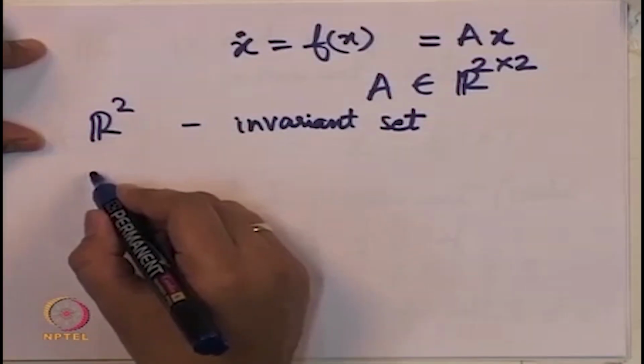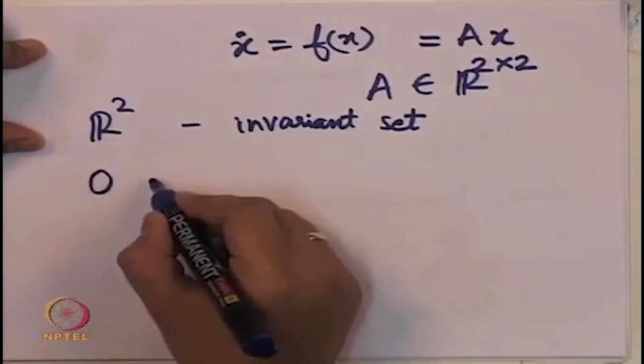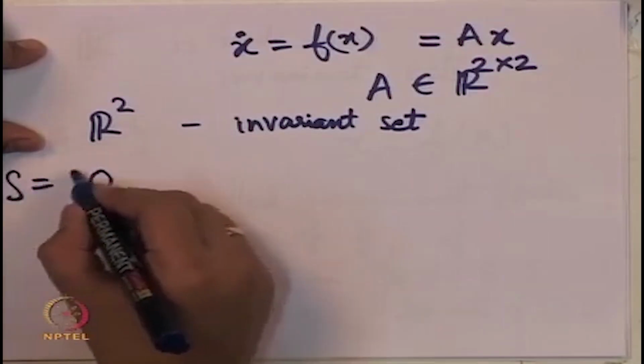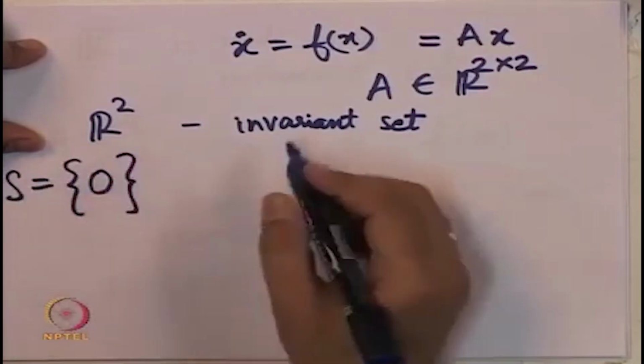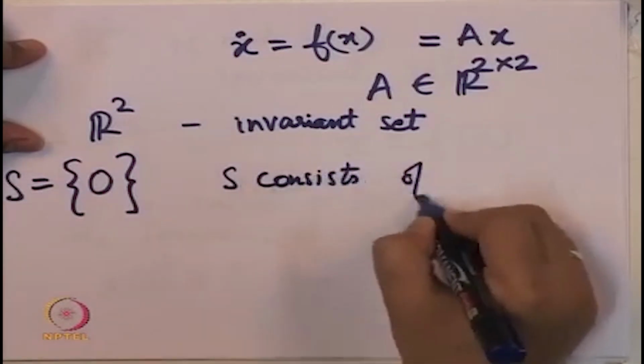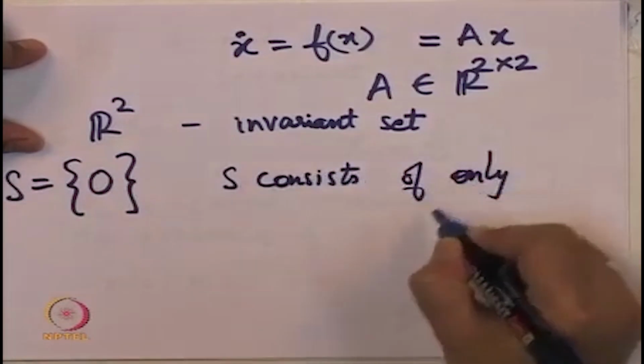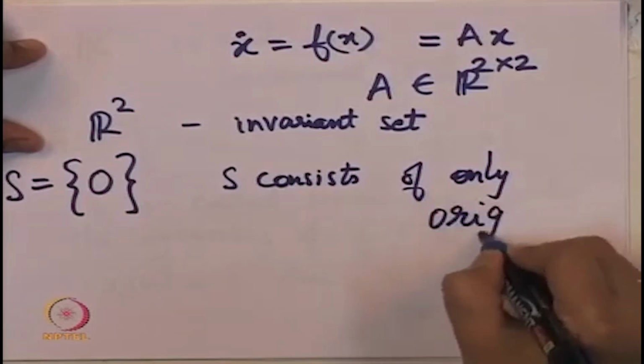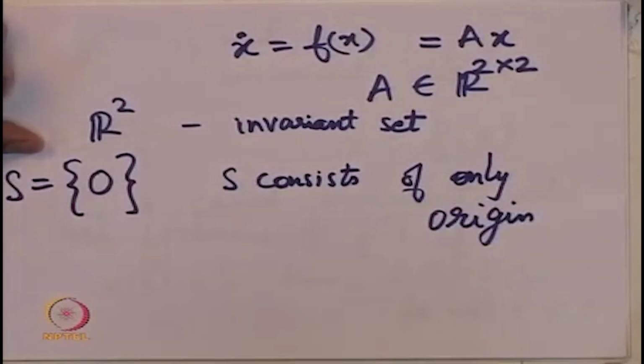If the origin is an equilibrium point 0, the set S consisting of only the origin is also an invariant set. Why?